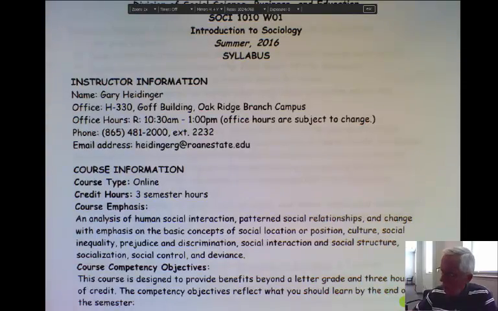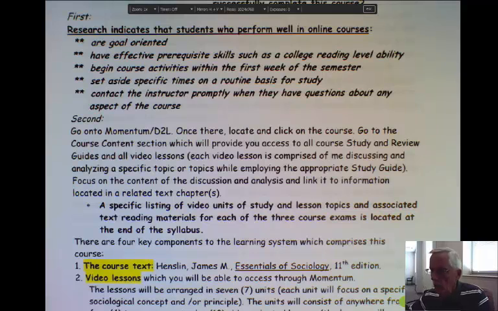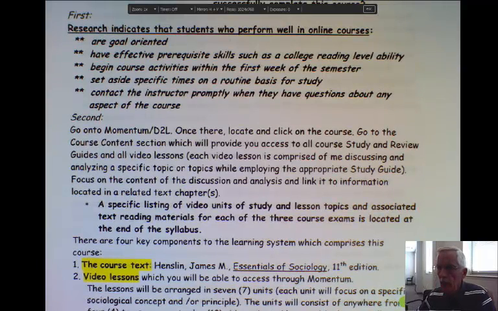In particular, as soon as you have access to the syllabus, I want you to go over to page 5. There's been a lot of research completed with respect to non-traditional educational delivery systems, such as web-based classes.